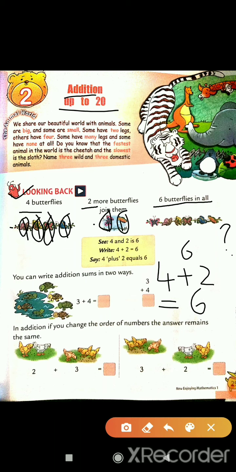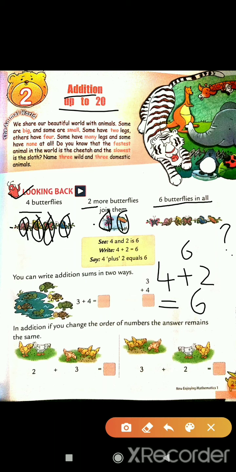Now 3 plus 4. Here 3 tortoises are there. 1, 2, 3. And then 4 tortoises are added. So after 3, 4, 5, 6, 7. How many altogether? 7 tortoises.